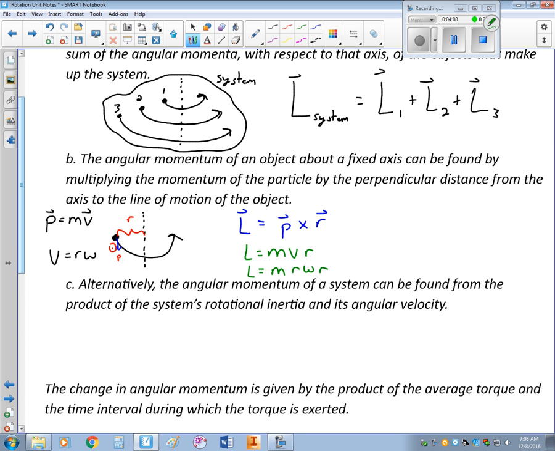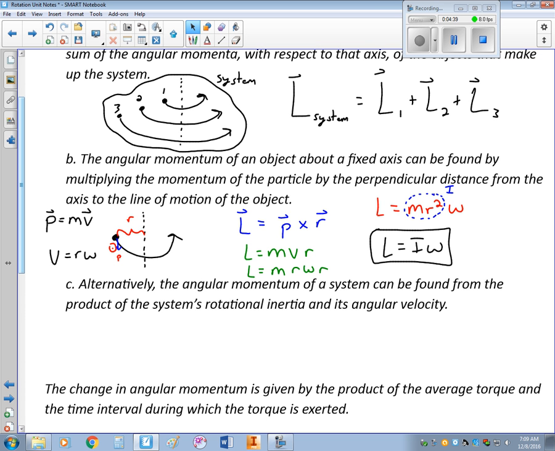Bring together the r's, then recognize that mr squared is the same formula for the moment of inertia of a particle. So I get my familiar equation right there for angular momentum, moment of inertia times angular velocity.